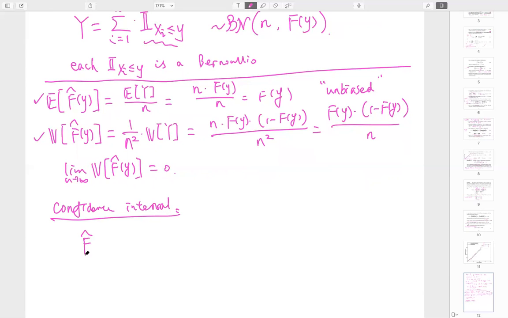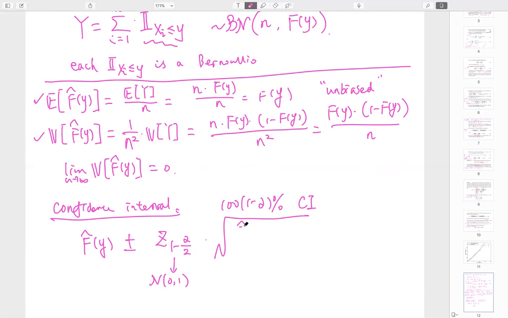So here we construct the 100 times 1 minus alpha percent confidence interval. Obviously this is a point estimator, and we need to plus minus Z 1 minus alpha divided by 2. This is the quantile from the standard normal, times the standard deviation.